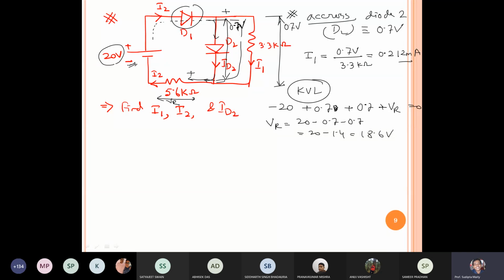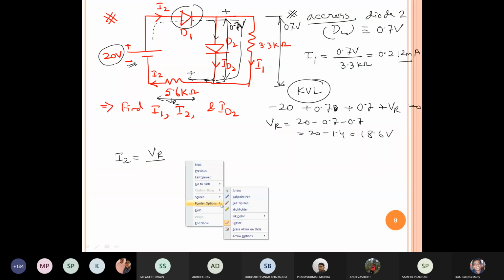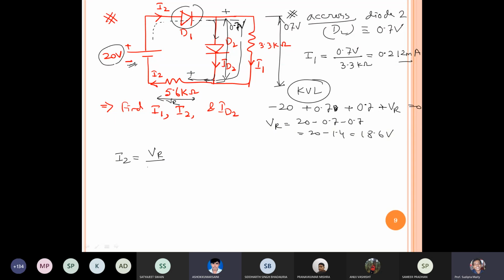So I2 equals VR by 5.6 kilo ohm. So that means 18.6 by 5.6 into 10 to the power 3, kilo means 3. So I get 3.32 milliampere. So as per the question, I2 is known.